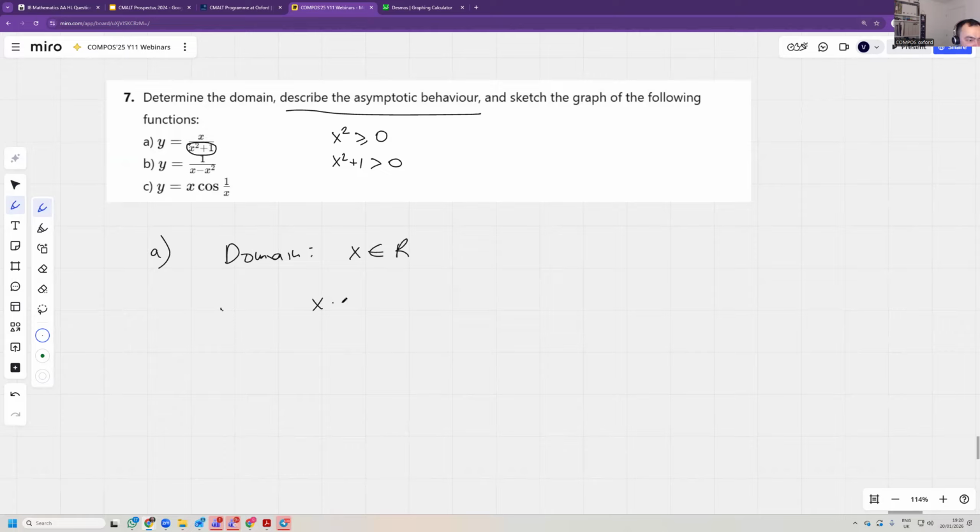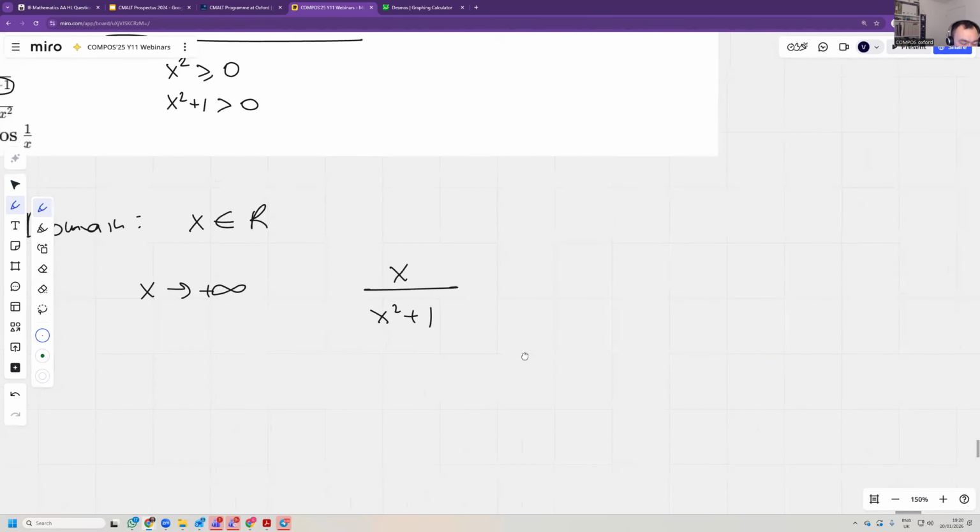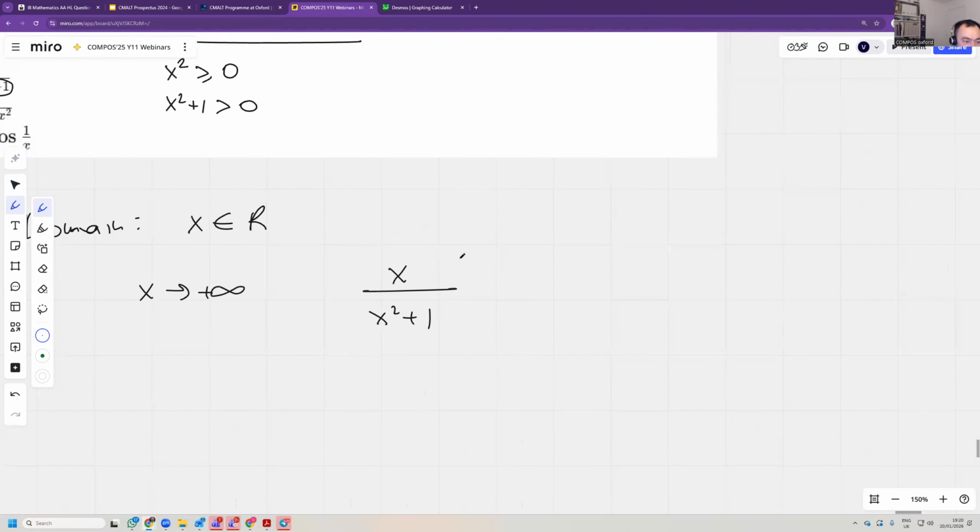So when x becomes really, really big, plus infinity, you have x divided by x squared plus 1. It's not always easy to describe the asymptotic behavior, but what we're going to do is divide both top and bottom by x. This becomes 1 divided by x plus 1 over x.